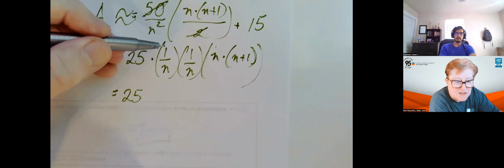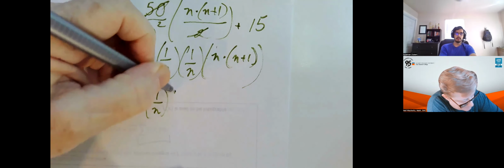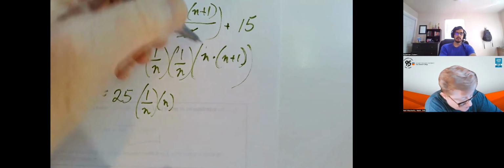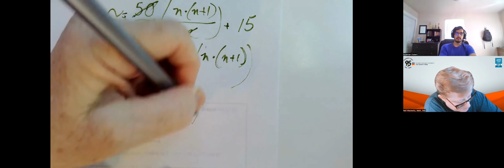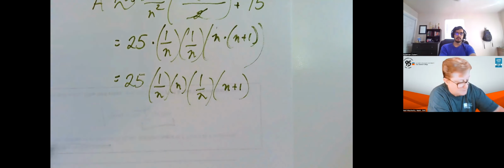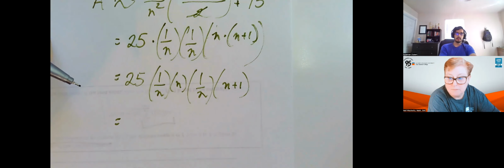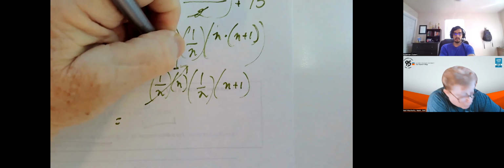So I'm going to write this as 1 over n times n, and then times 1 over n times n plus 1. What is 1 over n times n? 1. Good.